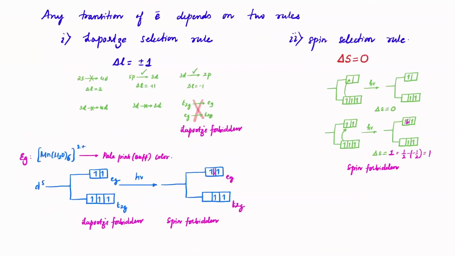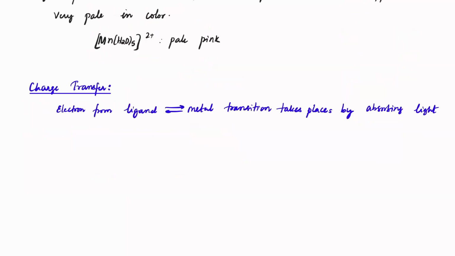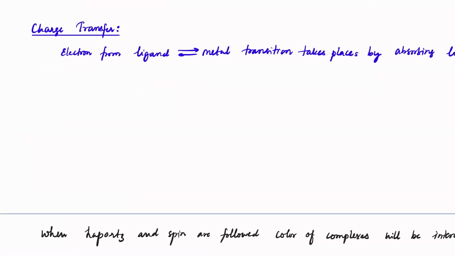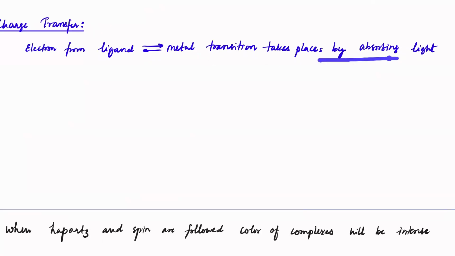Now let's understand how charge transfer makes the colors more brilliant and more intense. Check out what is happening here. An electron from the ligand is going all the way to the metal, getting transferred from ligand to metal.